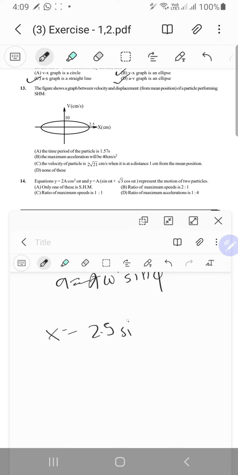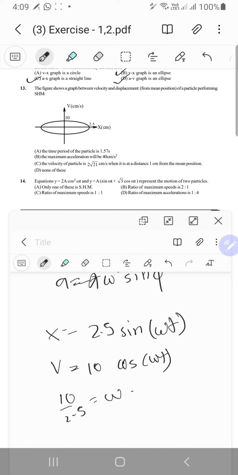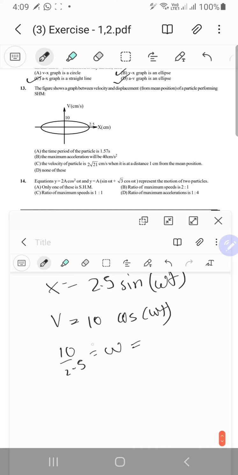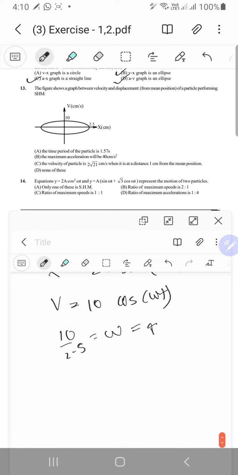Sine of omega t, and v is 10 cosine of omega t, which means 10 upon 2.5 is just omega, and this is really just 100 upon 25, which is 4. So omega is 4.